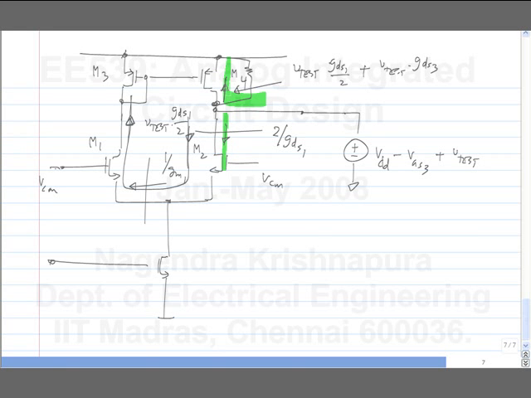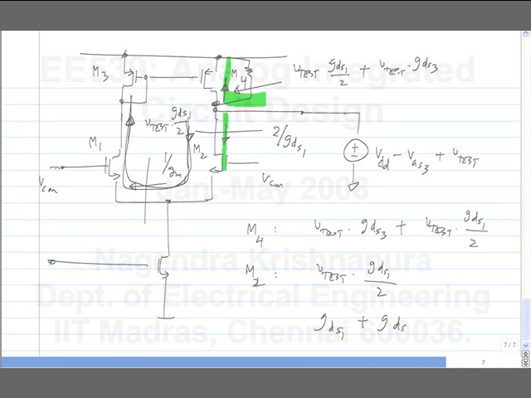The incremental current through M4 is V test times GDS3, which is what you expect anyway, simply because the output conductance is there, plus V test times GDS1 by 2, that is because of this loop. And that through M2 is V test times GDS1 by 2. So the output conductance in fact is GDS1 plus GDS3, but with a slight twist to the story.